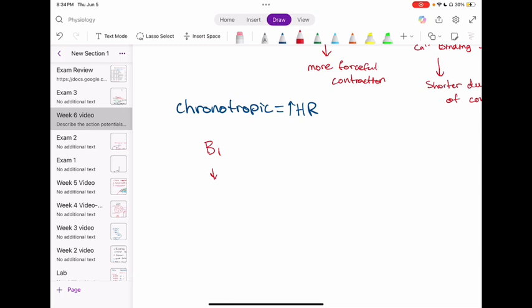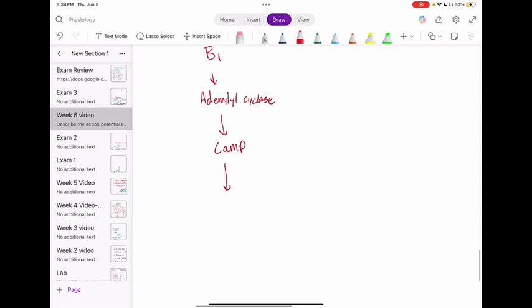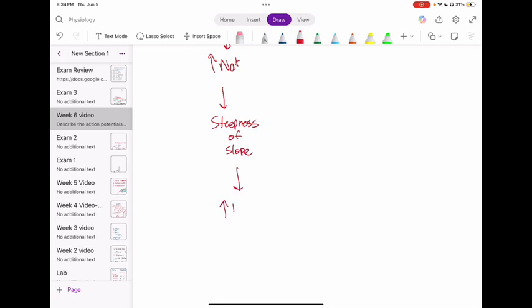What that does is it increases adenylyl cyclase, which increases cyclic AMP, as we talked about before, which increases sodium, and this increases the steepness of the slope, which in turn increases heart rate.